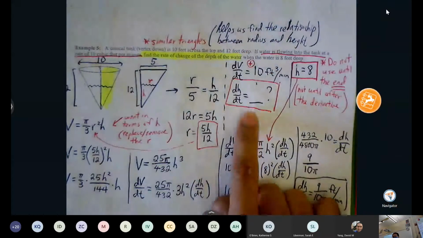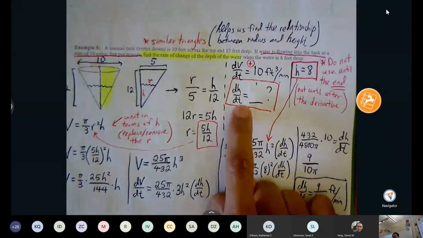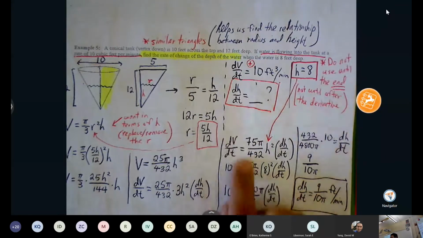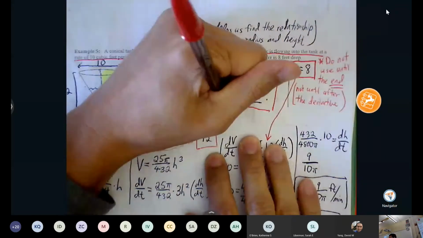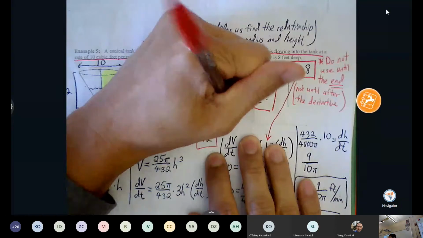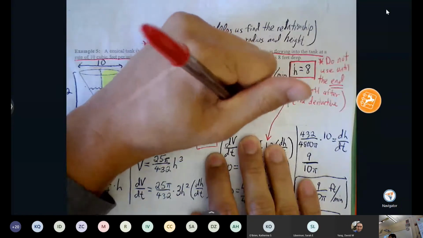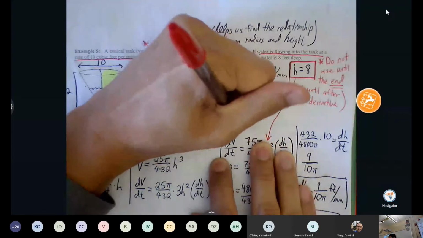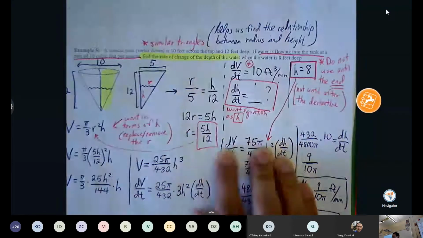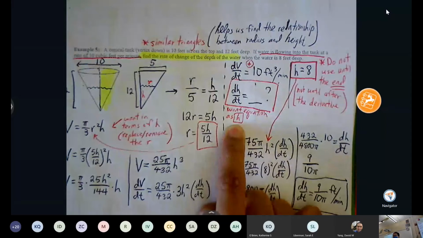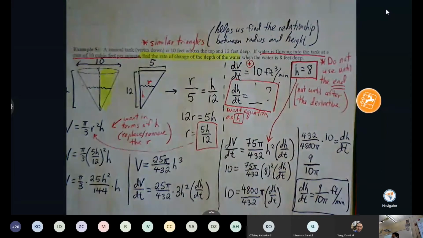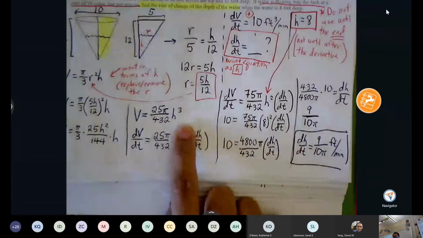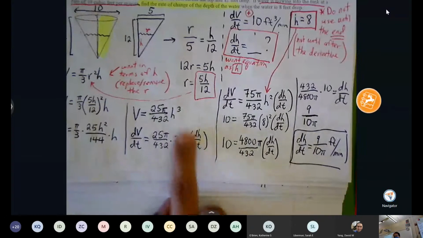Whatever you're looking for is the variable that you want to get to, this dh dt. So because we're looking for dh dt, we want our volume equation as h. And the reason why we want h is because if we have our equation in terms of h, dh dt will just naturally show up when we find the derivative.